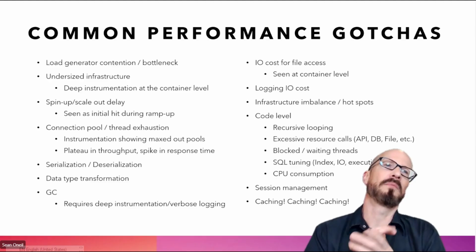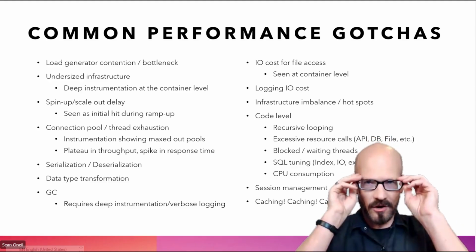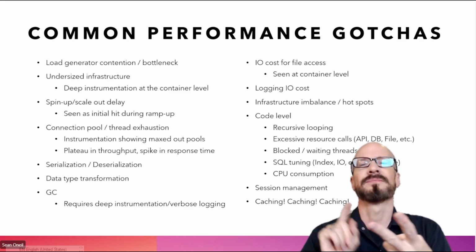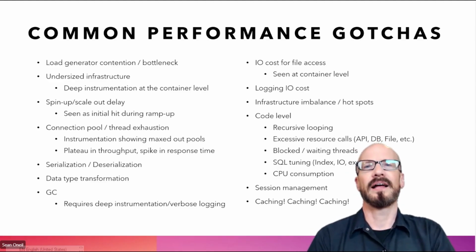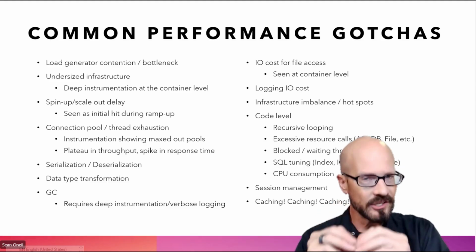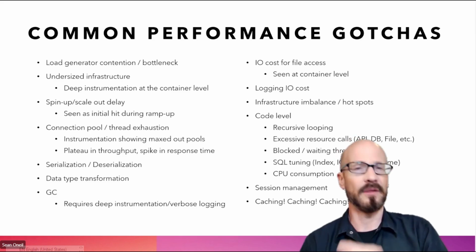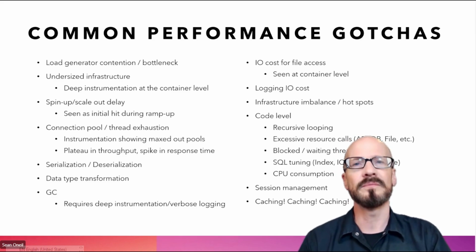Next column, IO cost. So anytime that you're accessing IO, network or disk, grabbing a file, that's expensive. And once again, either instrumentation that you'll add into your container or looking at the container itself and the metrics that it presents. Definitely keep an eye on IO.